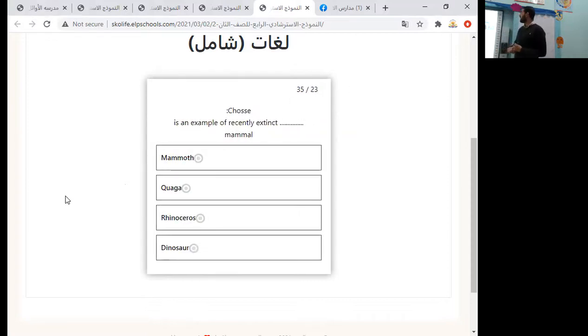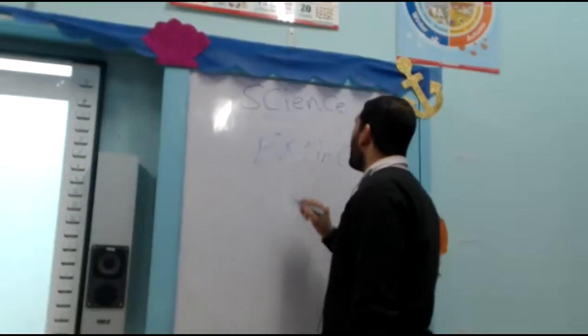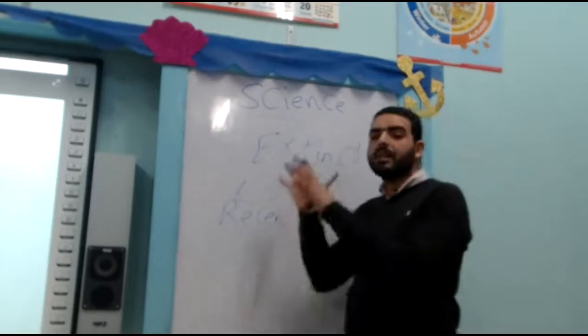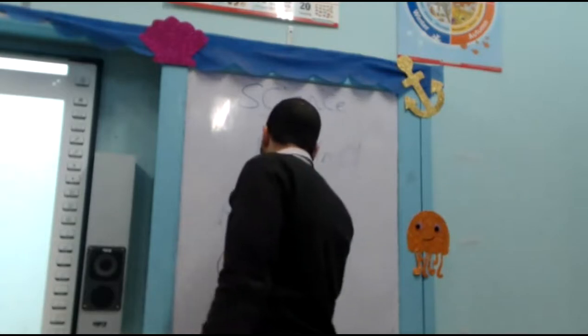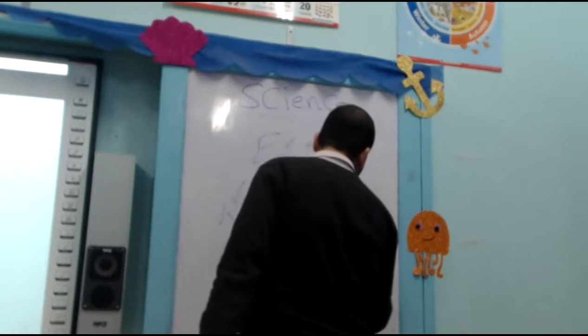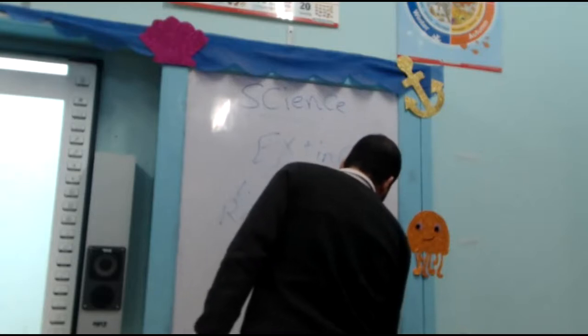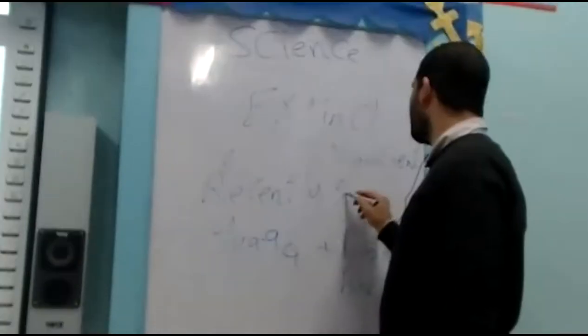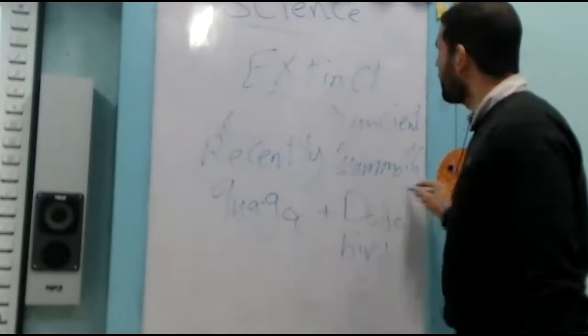Which is an example of a recently extinct mammal? As we know, extinction is the death of all members of a specific species, and extinct animals are divided into recently extinct animals, from recent times or eras, like the quagga and the dodo bird, and ancient extinct animals, like the mammoth and dinosaurs.